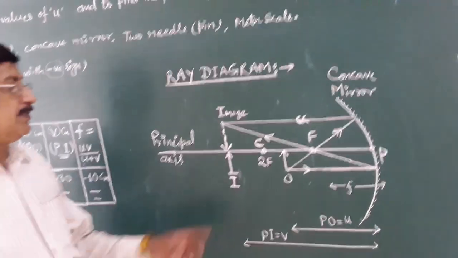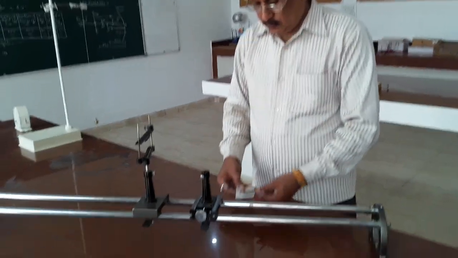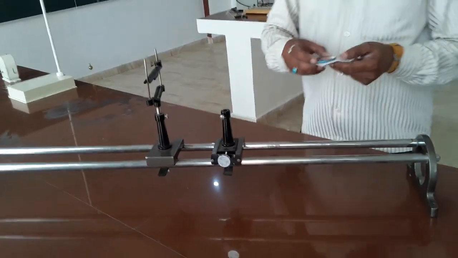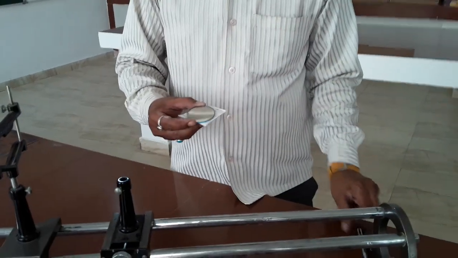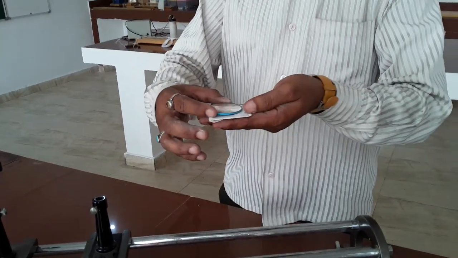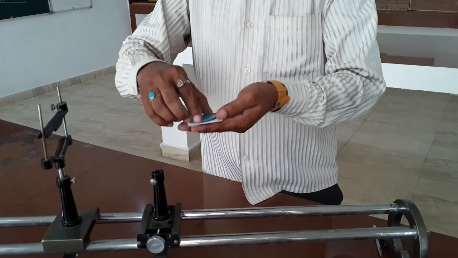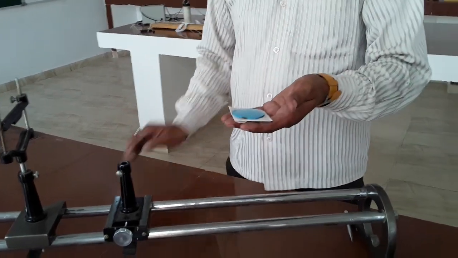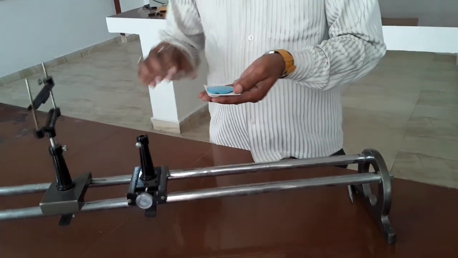Now we will perform the experiment. Students, you must be aware that the mirror should always be placed on soft paper or sponge, and it must be kept in this manner, so that the polish or paint is safe.